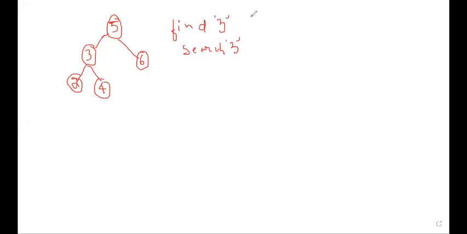Now in the SplayTree, as I told, it's a self-adjusting tree. It does not put any restrictions on the balance, but it performs some operations. What operations does it perform? When you want to search an element, say the element is 3, the element you want to search should be at the root node in the SplayTree.